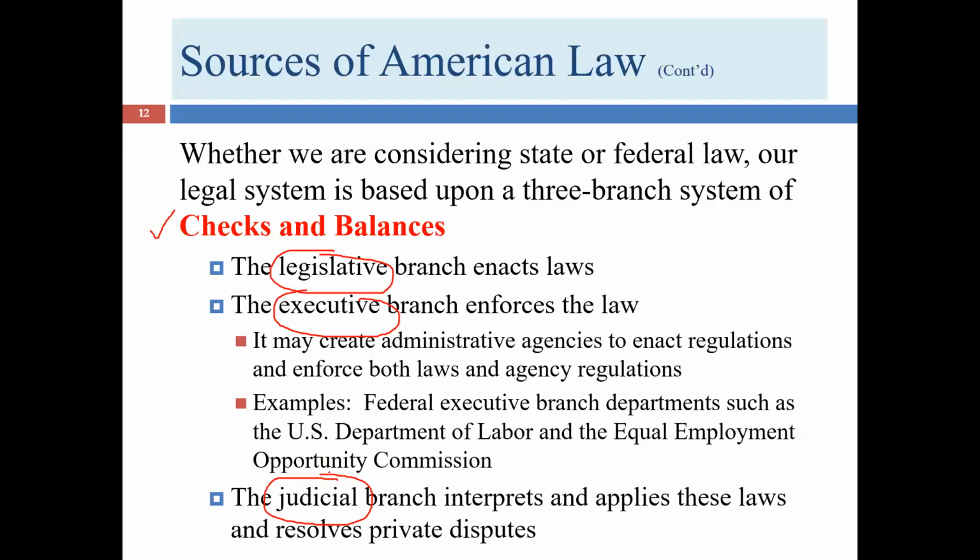So as you can see, all three of the branches have a role in making sure the other branches stay well behaved, we could say. And of course, this reflects our founding fathers' concern about the possibility of despotism and tyranny. And so these checks were designed to keep everybody in their lane doing what they were supposed to do.